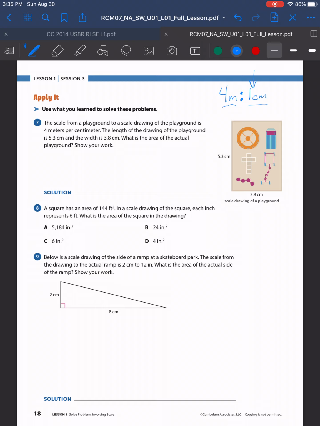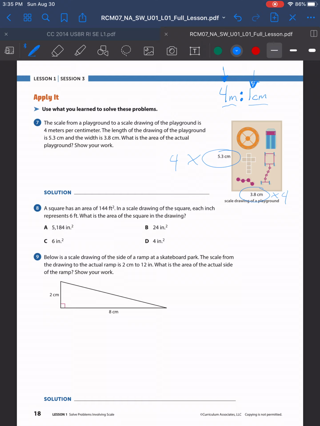Because there is a unit rate in here, there is 1 of something, I can say that 4 is the scale factor. So for every 1 centimeter, I multiply it by 4 to go up and up and up. So since I know that, I'm going to take 5.3 and times it by 4, and I'm going to take 3.8 and times it by 4. Then I'm going to times their answers together, okay?